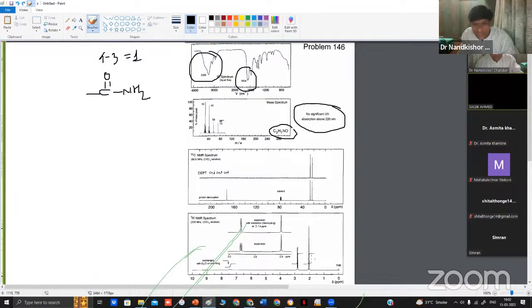So if I write here, look at here, this height is almost the same. So that means this may be the three protons peak, or this may be the three protons peak. This is the meaning of that.